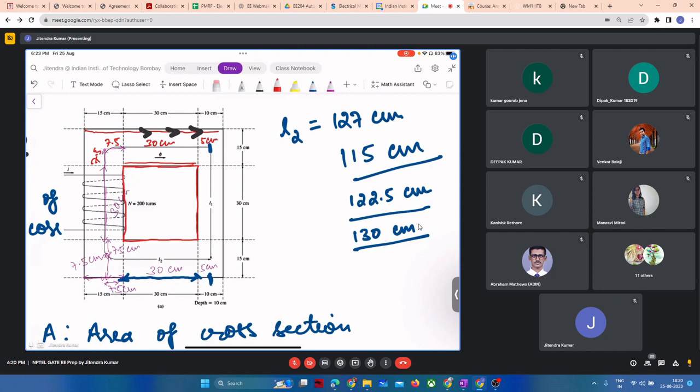Now we just have to add all the lengths, which is 35 plus 15, 40, 40, 30, 70. Let me take the help of a calculator. Yes, sir, 130. So it is coming as 130 centimeter.